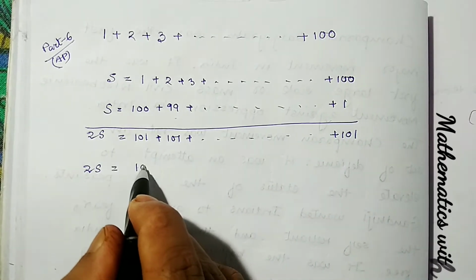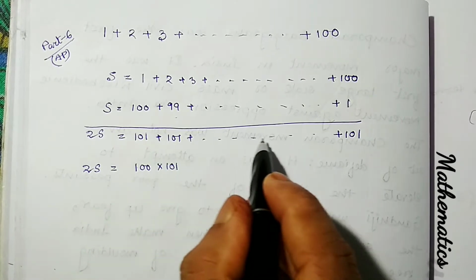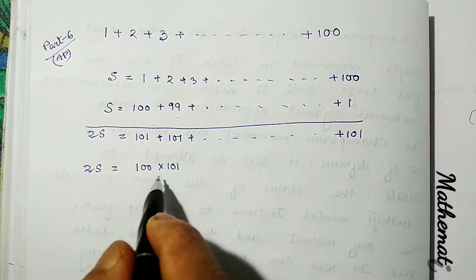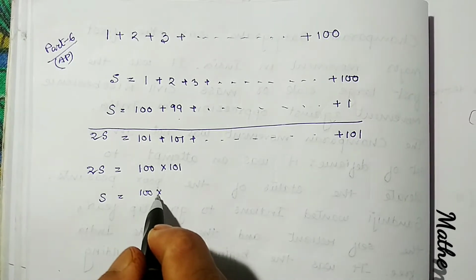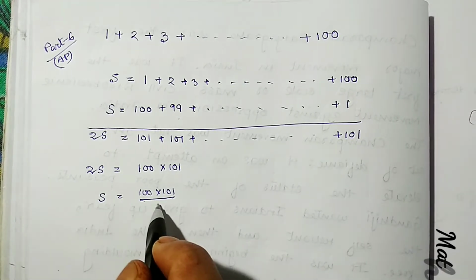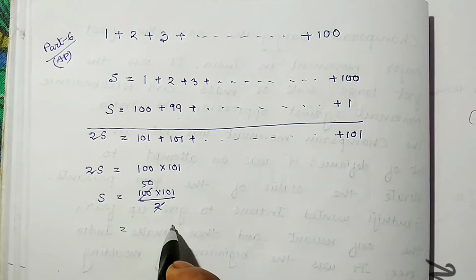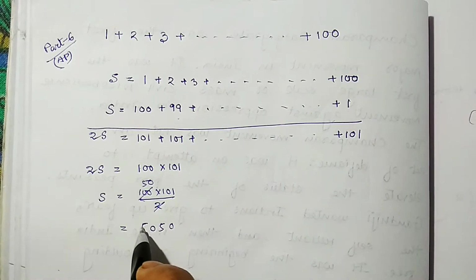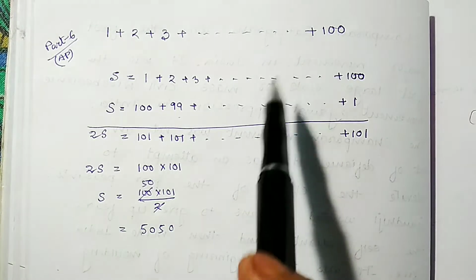So we can write 100 into 101, because 101 here it is 100 times. So we have to multiply by 100. So S will be 100 into 101 divided by 2. 2, if I cancel, I am going to get 50. So it will be 5050. So 5050 is the sum of first 100 natural numbers.